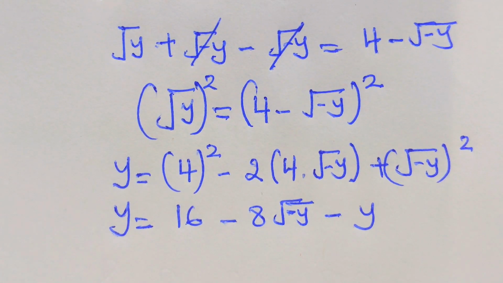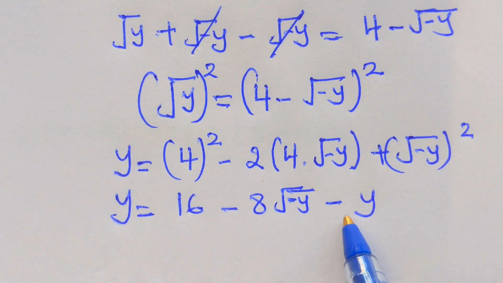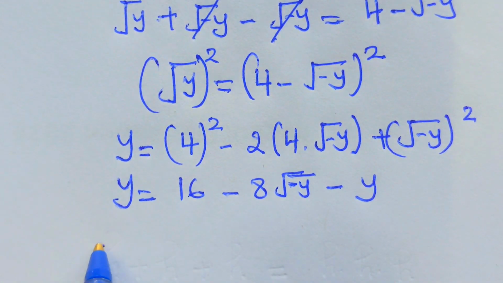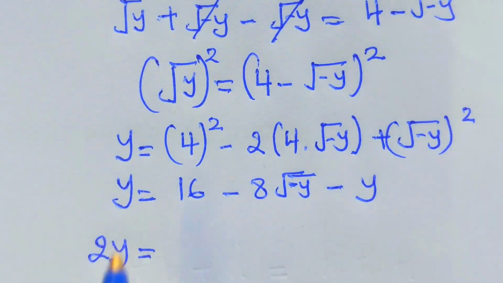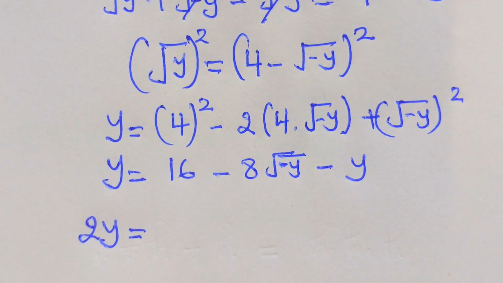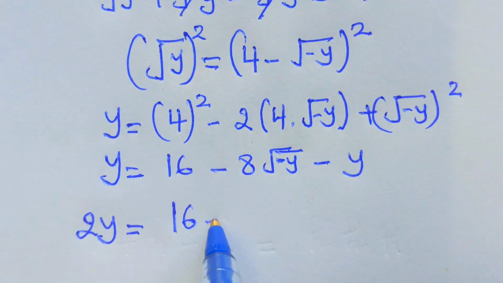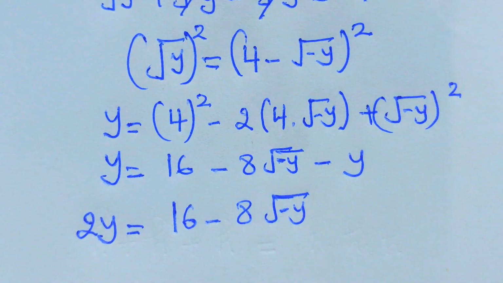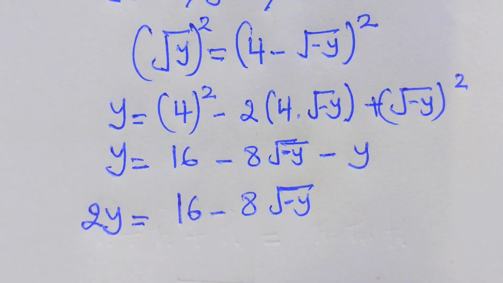Now what can we do? Of course you have negative y, so we shall try to group them to get 2y equals 16 minus 8 square root of negative y. Then what can we do right here?